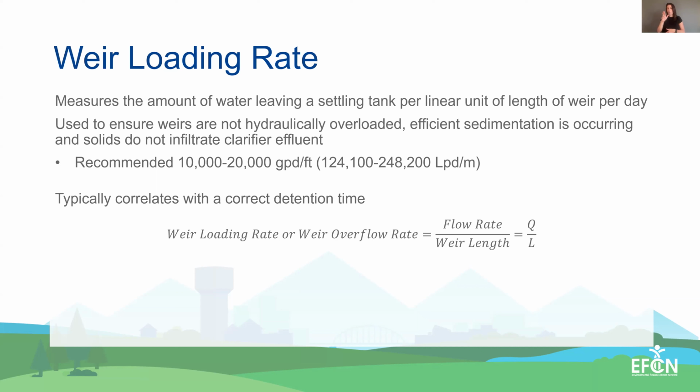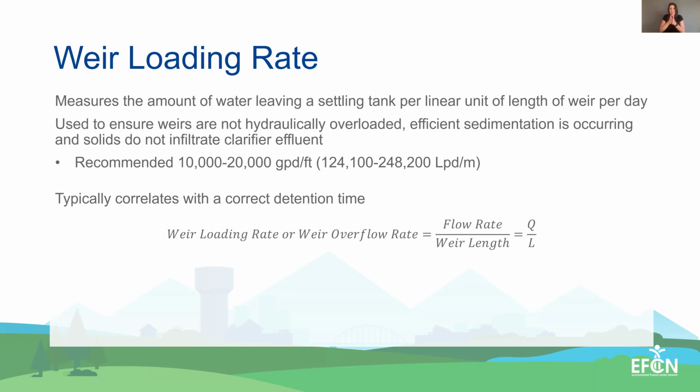We ensure that we are not overloading the next stage in our process, so it's able to treat correctly because we removed all the settleable organics. For a typical clarifier, the recommended weir loading rate is between 10,000 and 20,000 gallons per day per foot, and this is per linear foot of weir.